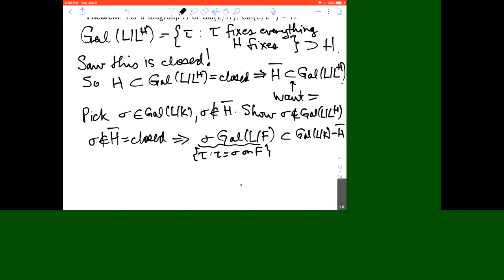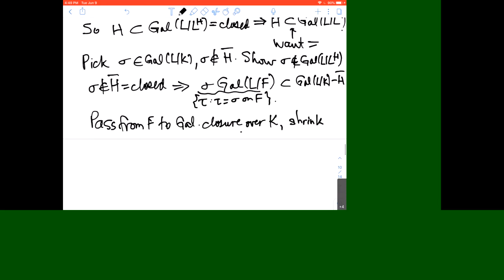So if I pass from F to its Galois closure over K, that's only a finite extension. And making a bigger field causes the group to get smaller. We can shrink the basic open around sigma in order to put ourselves in the case where F over K is a Galois extension.